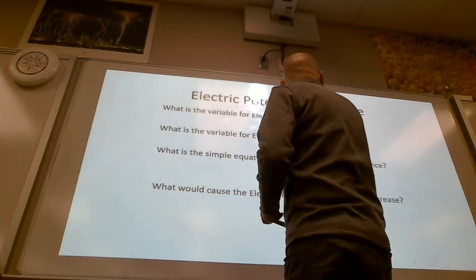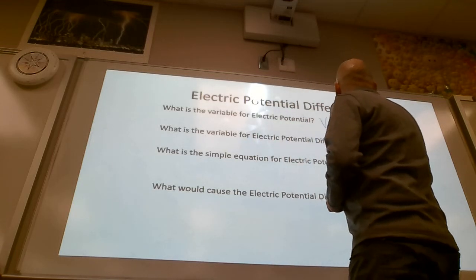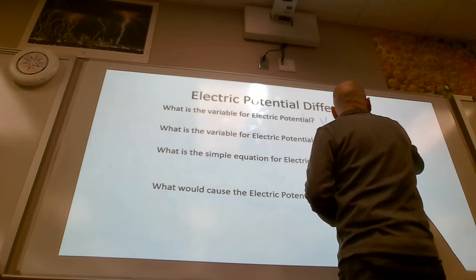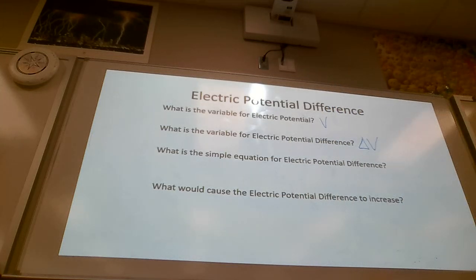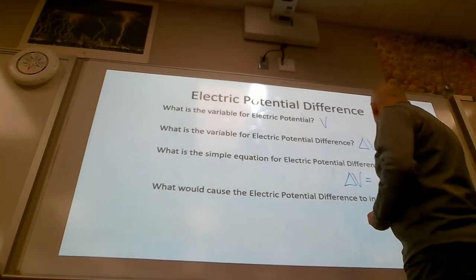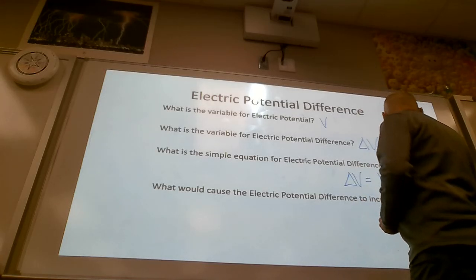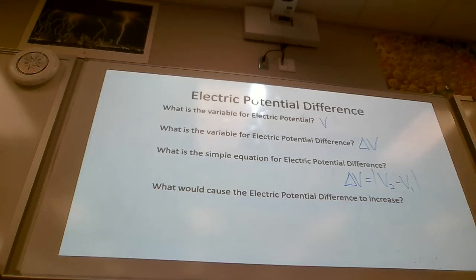All right. Variable for electric potential, capital V. Electric potential difference, capital delta V, or delta capital V. The equation for electric potential difference is the absolute value of electric potential 1 and electric potential 2.